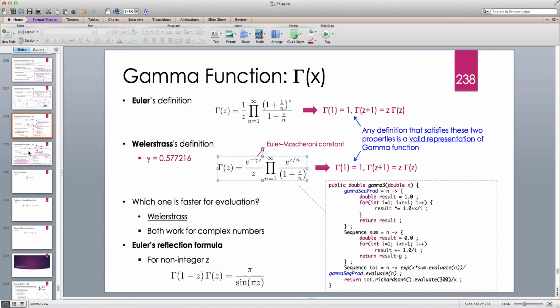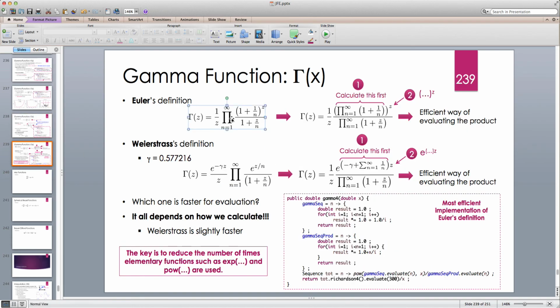But we can actually improve the implementation of Euler's definition, because if all the powers z are the same, I can multiply the bases first, so 1 plus 1 over n, multiply them, evaluate after some n terms, and then raise the result to the power of z. So calculate this base first, which is a multiplication, and then raise it to the power of z, and then divide it by 1 over z times the other term.